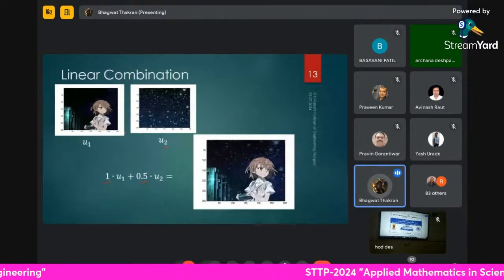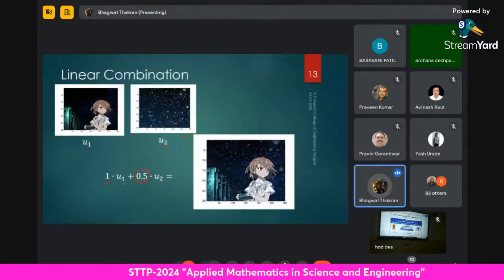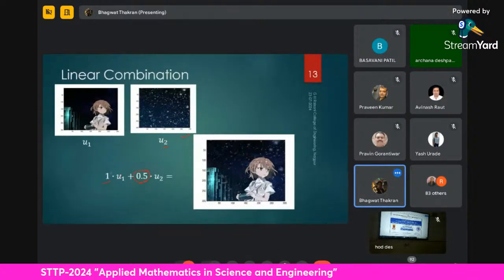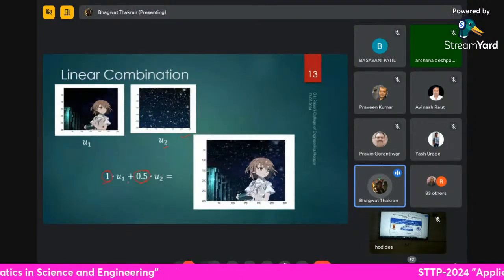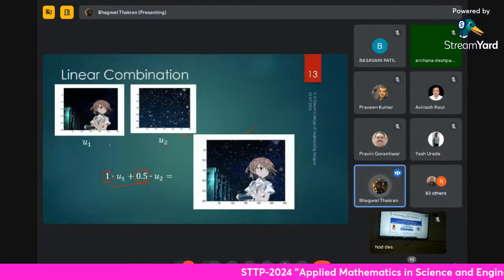As you can see, the intensity of the stars which I have taken is 0.5, and for u1 it is 1.